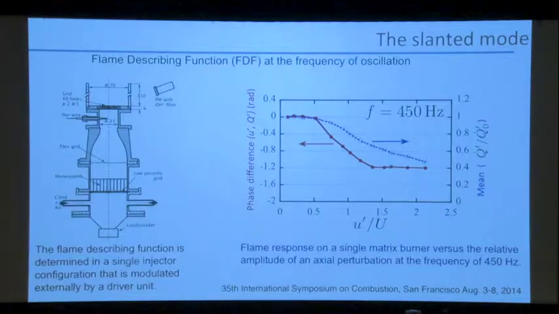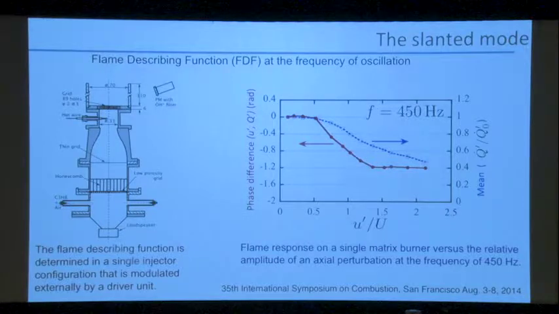And the explanation for this slanted mode is that at the frequency of operation, when you increase the velocity fluctuation, the phase difference between the velocity and the heat release also changes. So that's an effect directly of the describing function.